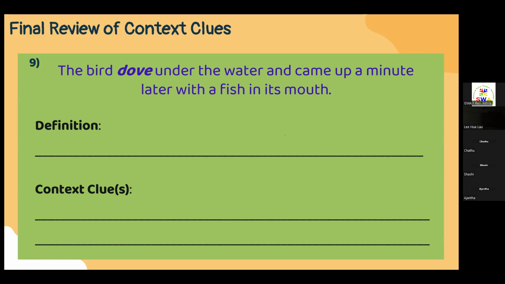It is a bird. Chatu, is it Chatu? You say it's a bird, is it? In this case it's not a bird. The dove as a noun means a type of bird, but for this case, it's not.